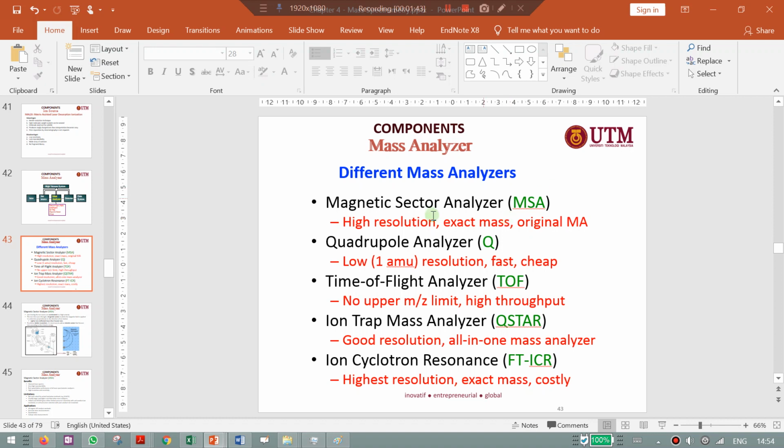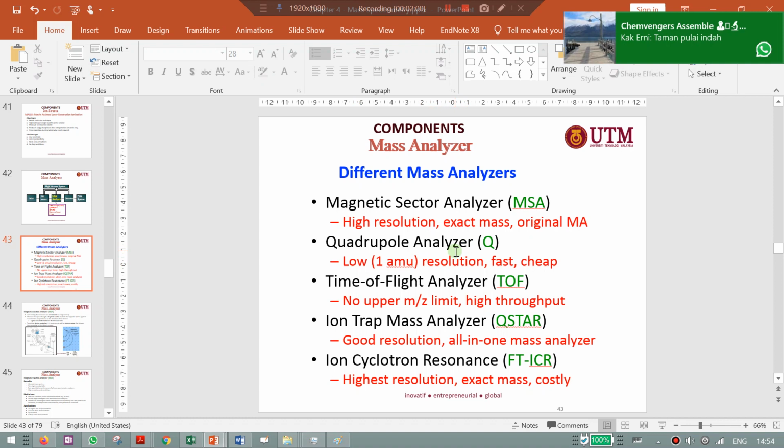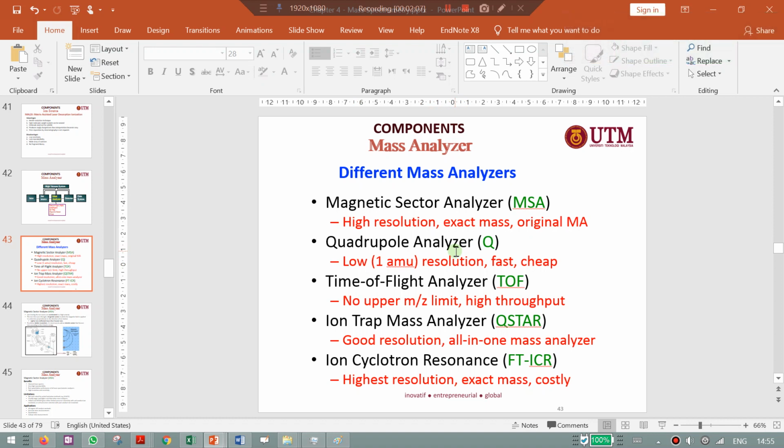Alright. Okay, again, the next one is the quadrupole analyzer, the most common one, and it has been used in our faculty as well. The resolution is not that great, but it is fast and also cheap. But it's not really cheap. Nowadays the efficiency is better, but the price is so expensive actually for us as well.